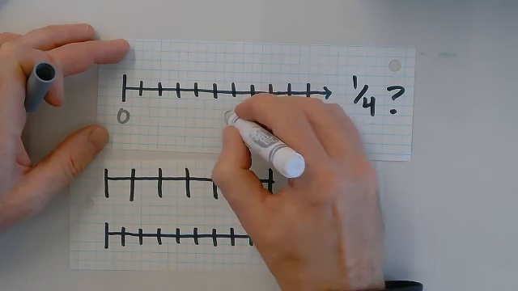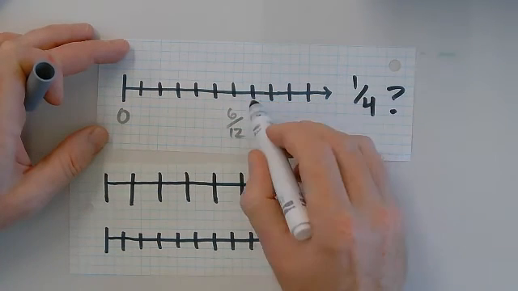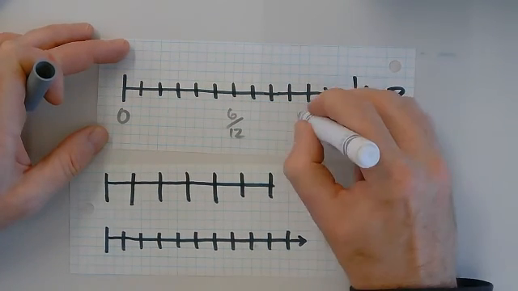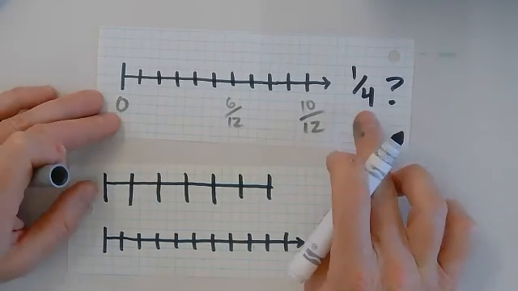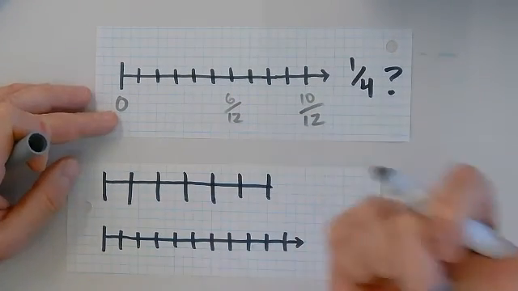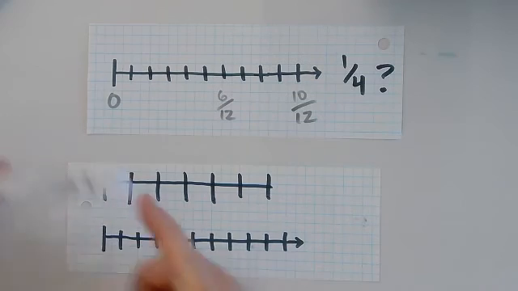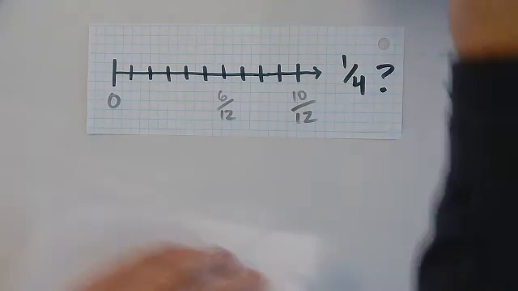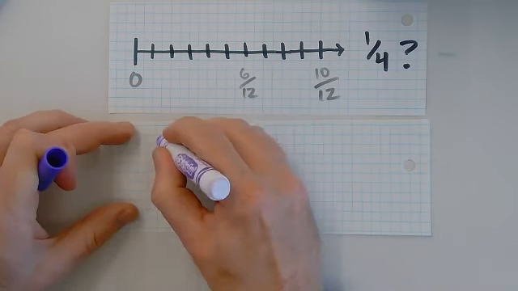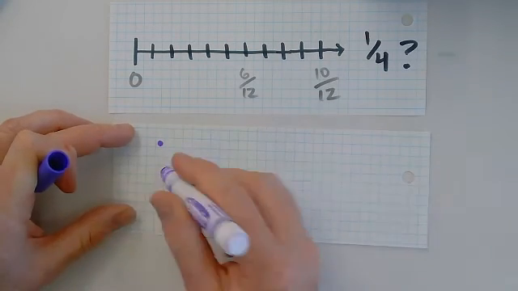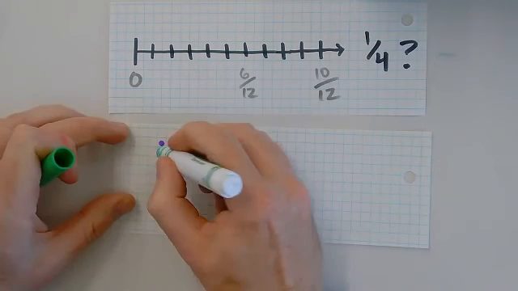So it always starts with 0. So 1, 2, 3, 4, 5, 6 twelfths. 7, 8, 9, 10 twelfths. And we're not going to need to go further, because 1/4 is not going to be this way. And you'll see why. If I have 1/4, do you remember my dot example?